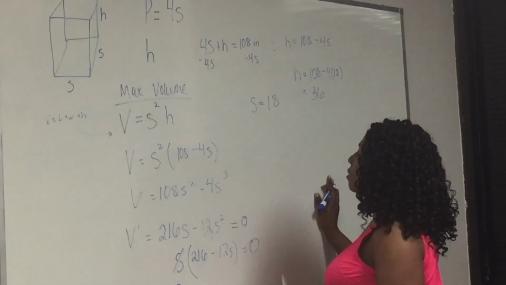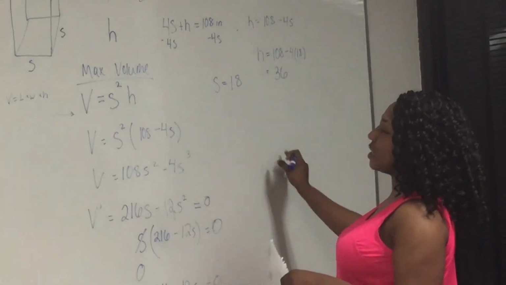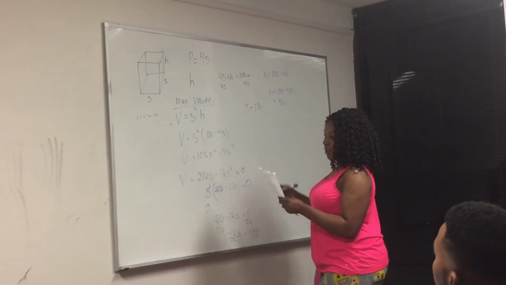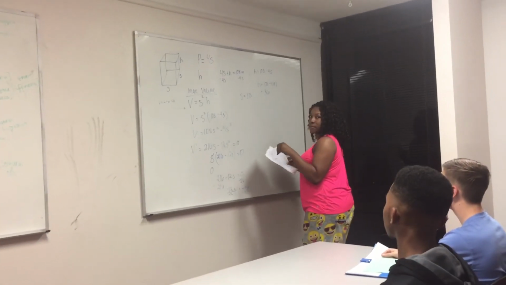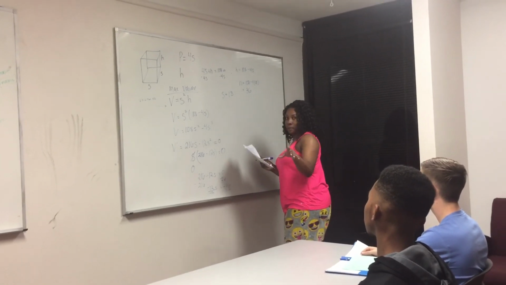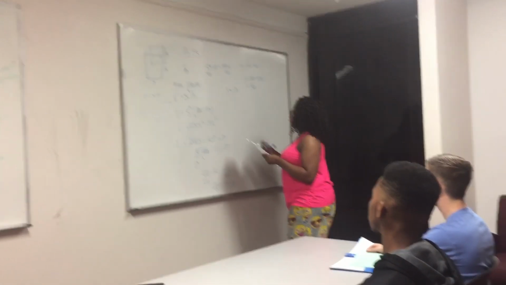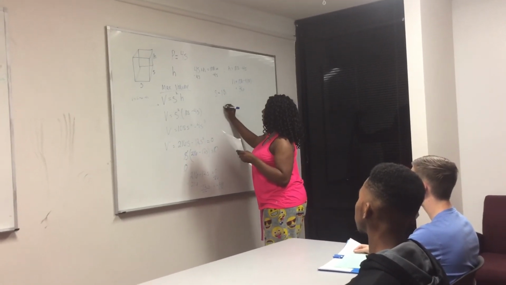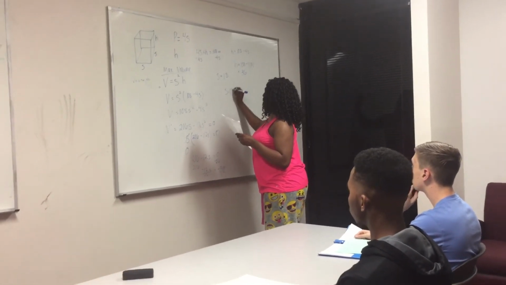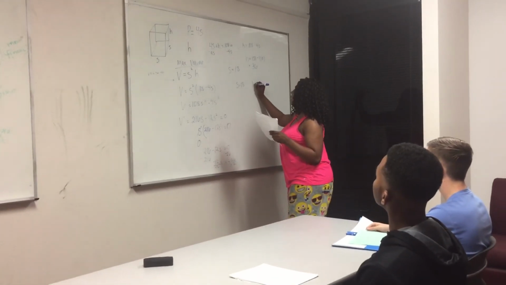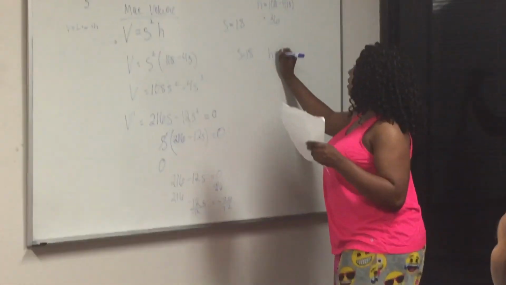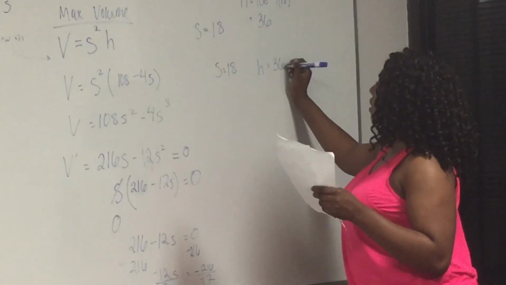Now we've found the dimensions the box needs to have the largest maximum volume for shipping: our sides need to be 18 inches long, and the height needs to be 36 inches long.